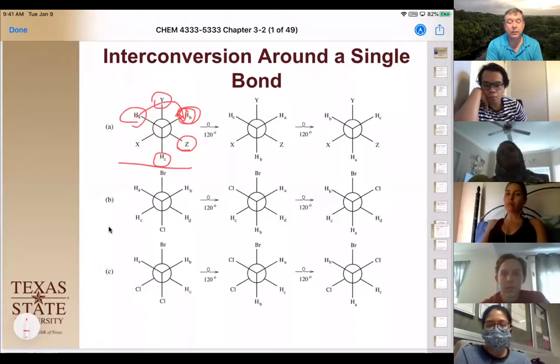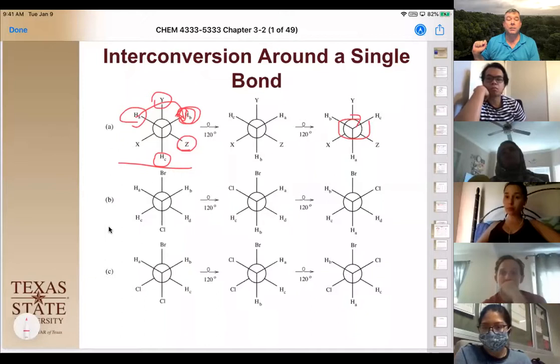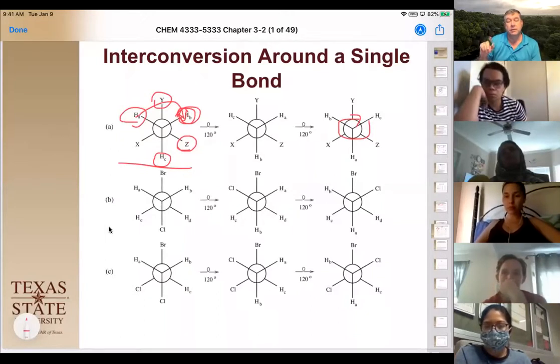But then again, we can rotate it around. Now, if the groups are not too sterically demanding, this happens at a time frame where we don't see it. We basically end up getting them homogenized to a single coupling constant and a single system.